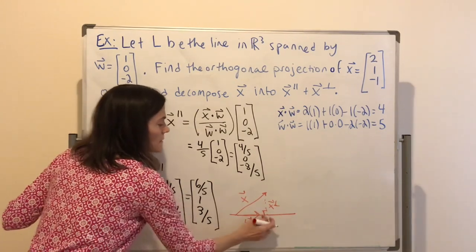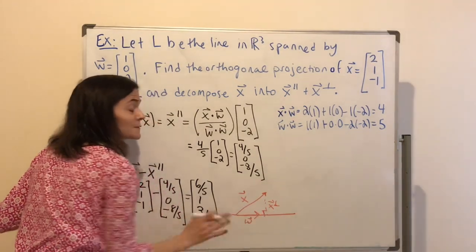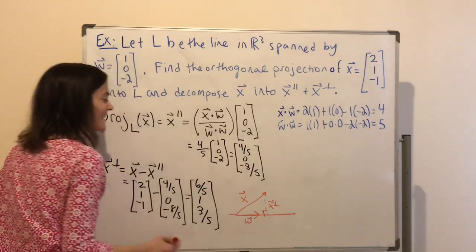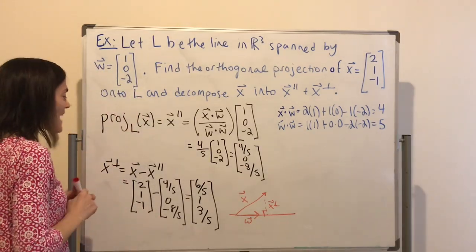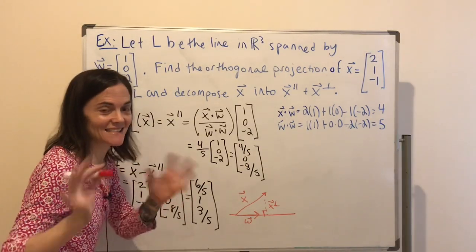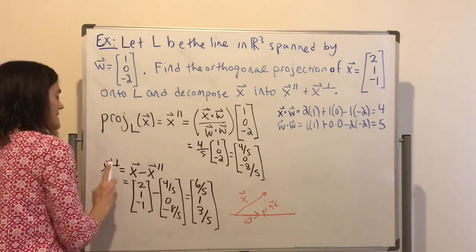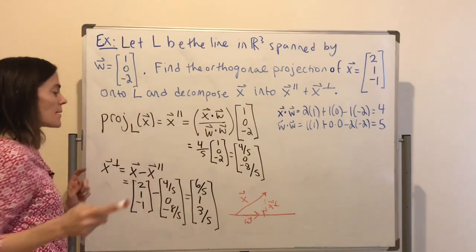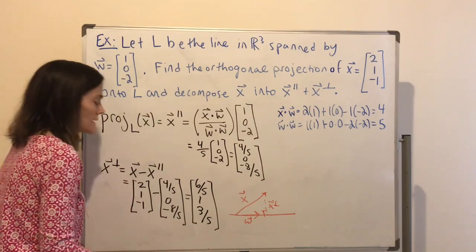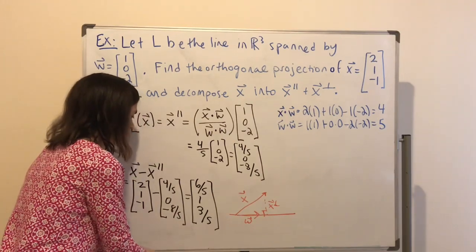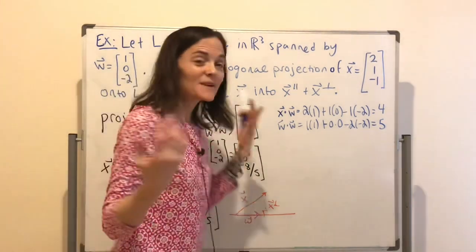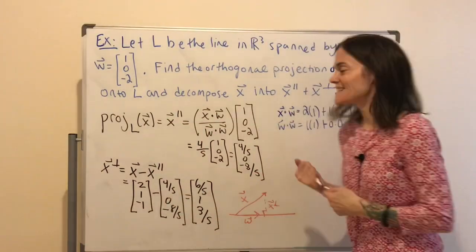And you see that this should be orthogonal to W, right? So how are we going to find that out? Well, let's just check it as a sanity check. We're going to take this and dot product with W. We should get 0. And then at least what we have computed makes sense in light of what we discussed.